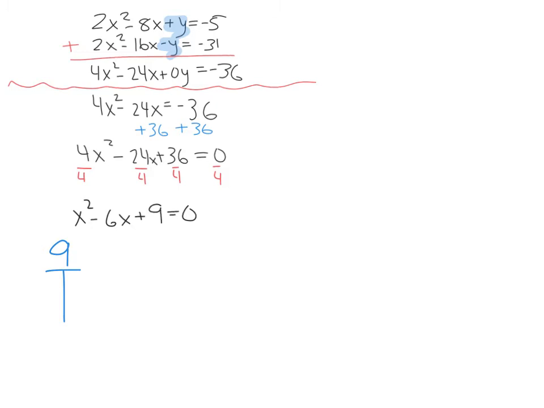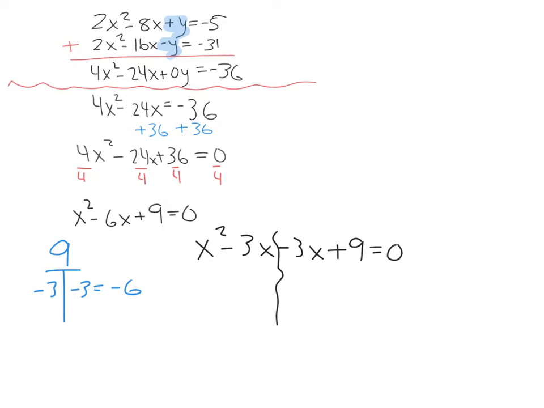And I've got to think of multiples of 9 that would add up to a negative 6. And so right off the bat, what comes to my mind is negative 3 and negative 3, because when multiplied, that's a 9, but when added, it gives you negative 6. So this is going to work. So I have myself an x squared minus 3x minus 3x plus 9 is equal to 0. And I'm going to split this down the middle, okay?